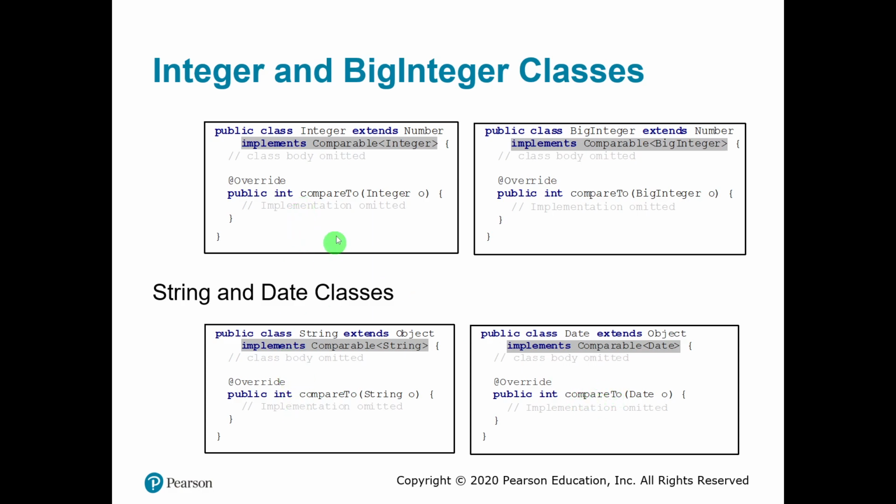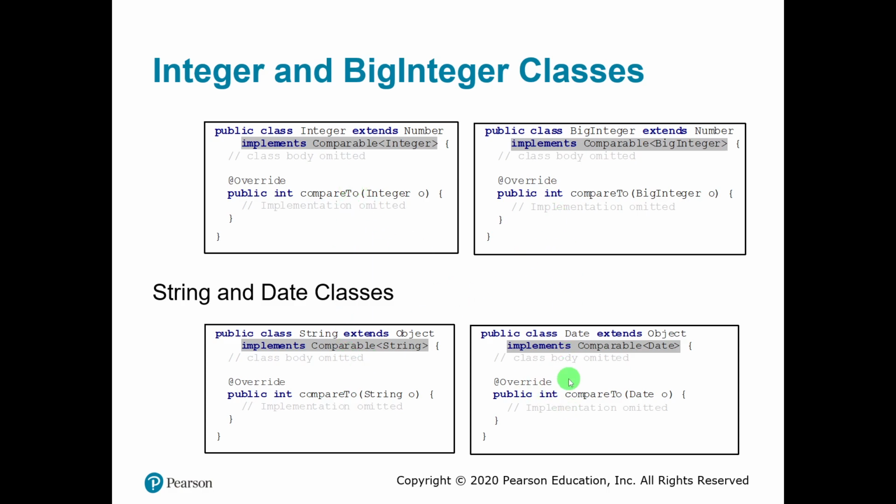Now, the implementations of these all work differently. I compare two integers by actually looking to see if one's bigger than the other. I can compare two strings to see if lexicographically some of their characters come before other characters. And I can compare dates by looking at the year code or the month code or a combination of the year, month, and day codes.